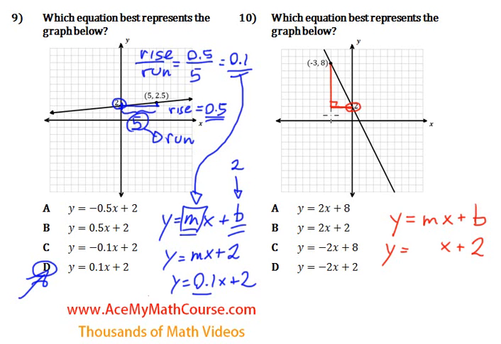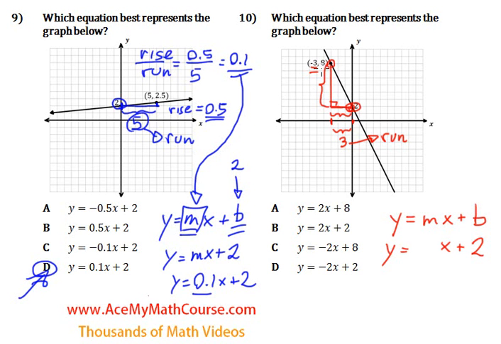Now, what is the run, which of course is the horizontal distance? We are going from -3 over to 0. So the run is just 3. That's it. Now what is the rise? Well, what is the vertical distance that we're going through here?